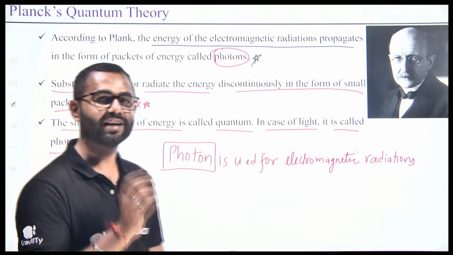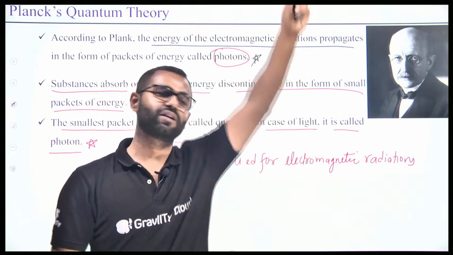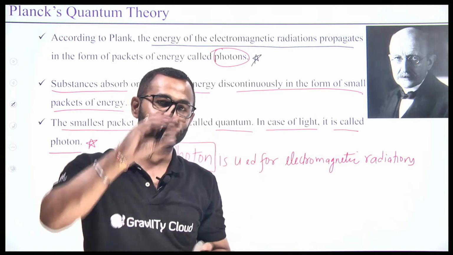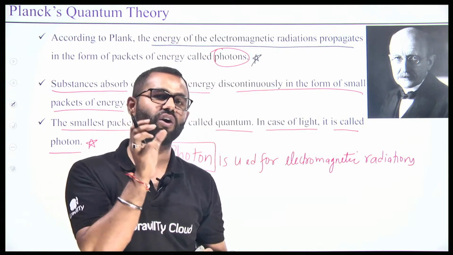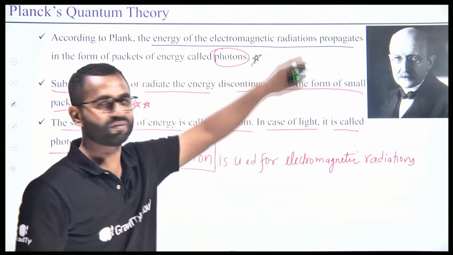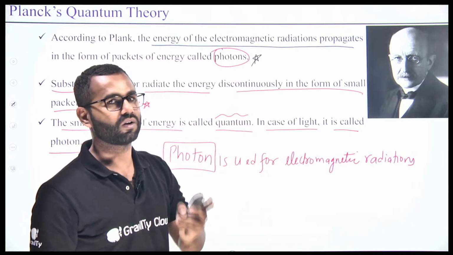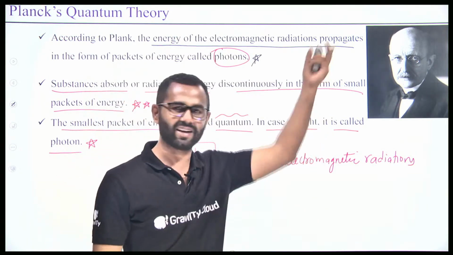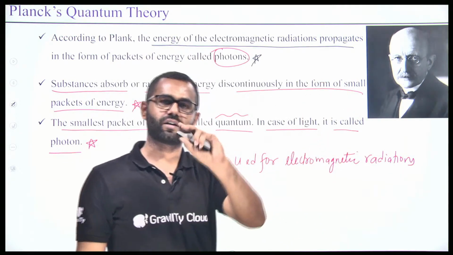Otherwise, just like when a hailstorm is coming down, right? In that case, that packet of energy is called a quantum, because hailstorms are not light. They are not electromagnetic radiations. These are hails, like a form of rain.